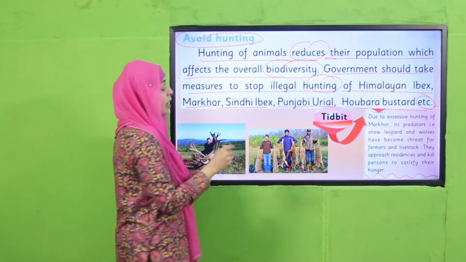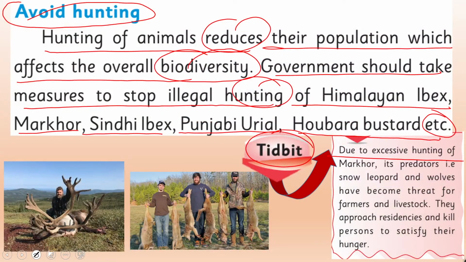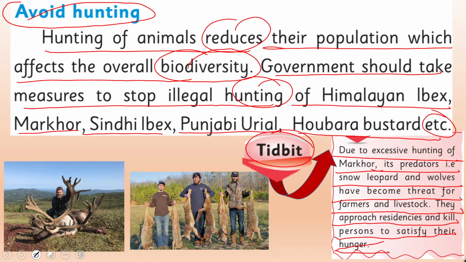So here are tidbits. Due to excessive hunting of markhor, its predators, snow leopard and wolves, have become a threat for farmers and livestock. They approach residences and kill people to satisfy their hunger.